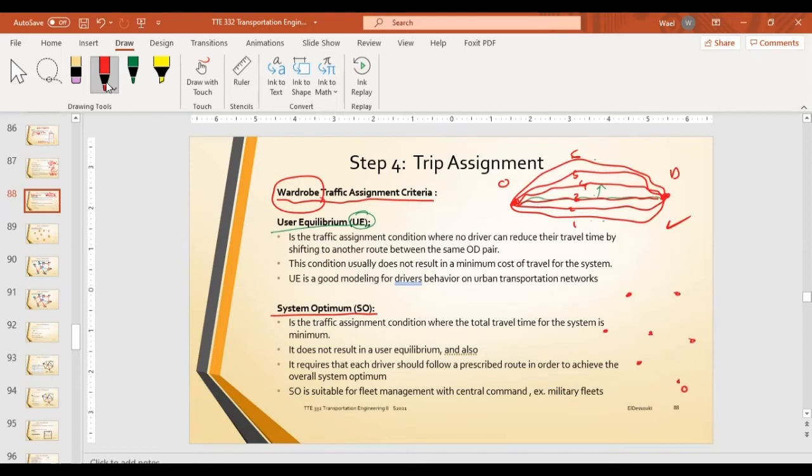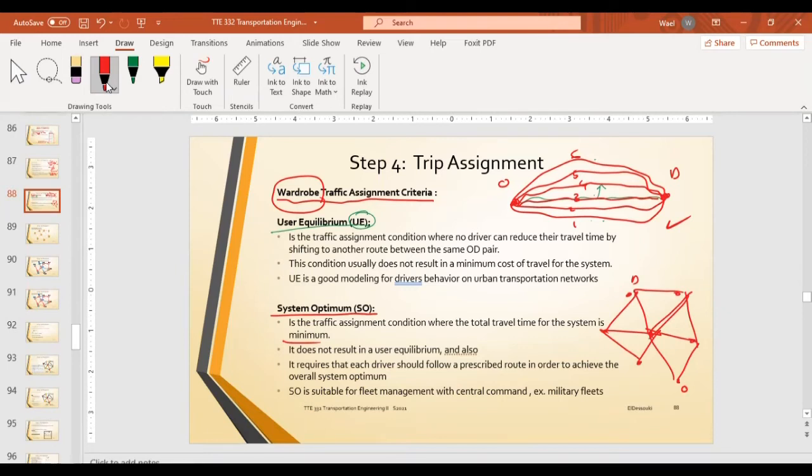There are origin destinations between different points, so we are not focusing just on one OD pair. Here we are trying to assign the traffic in a way that will minimize the cost or the travel time.